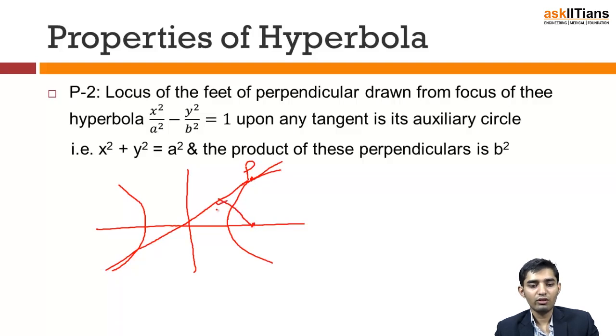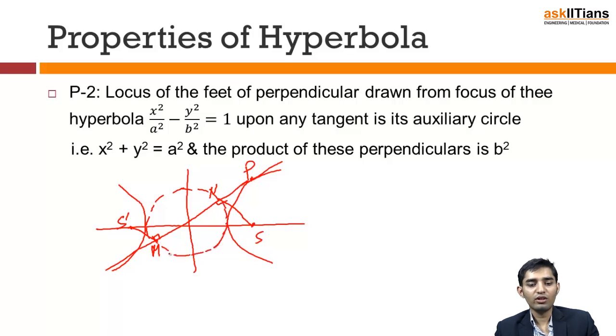So one perpendicular will be something like this, and the second perpendicular, if I draw it from the second focus, second perpendicular will be something like this, right? So suppose this is N and this is M, foot of perpendiculars from both the focus. This is S and S dash, right? So both these points N and M will always lie on the auxiliary circle. That is this circle, right? Both the points will always lie on the auxiliary circle.